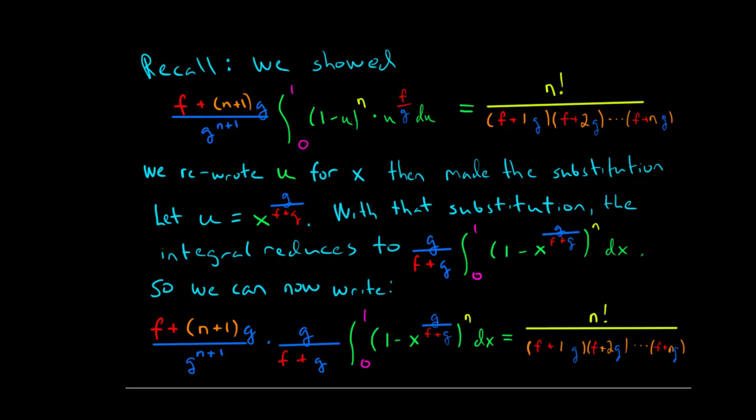And this is good for us because now we can start to actually simplify this integral. So to simplify the integral, we don't have to do too many complicated things. Most of the hard work is already behind us.